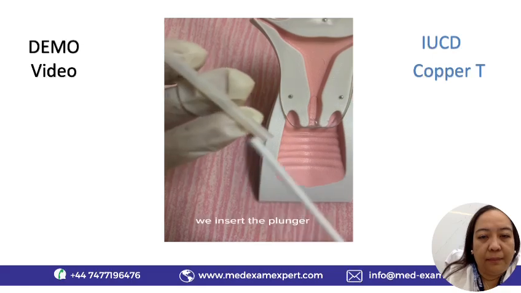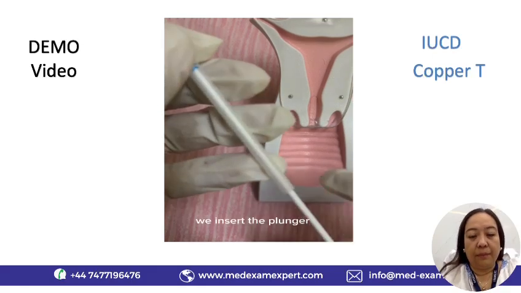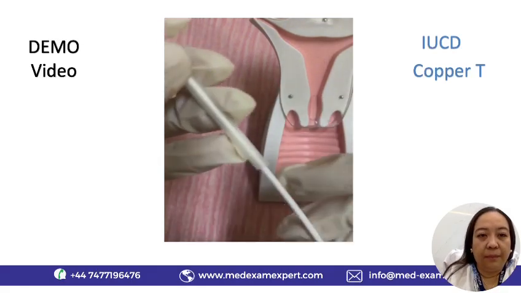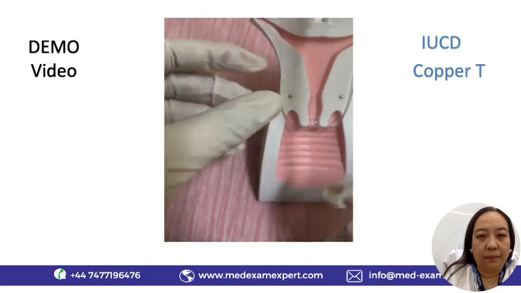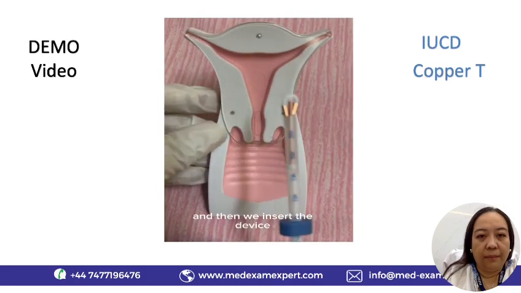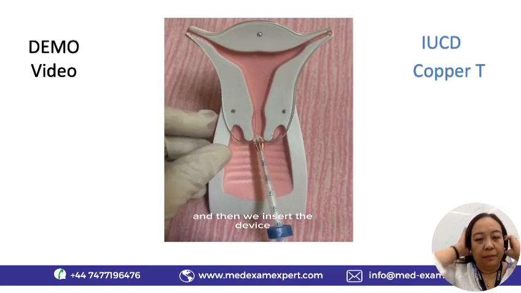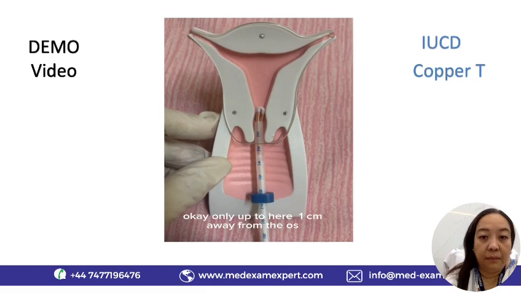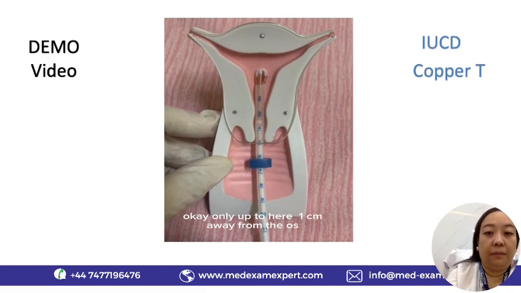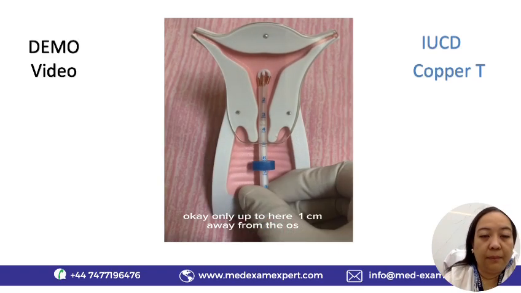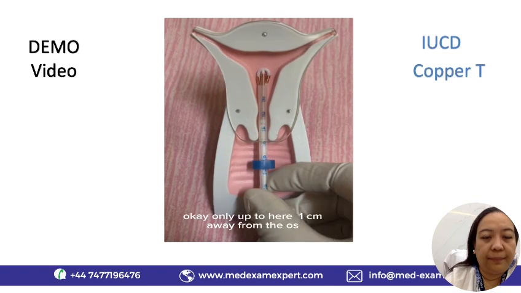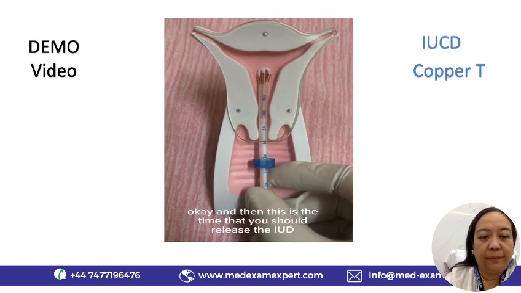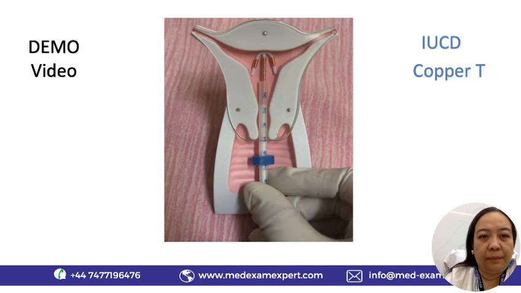We insert the plunger, and then we insert the device, only up to here, 1 centimeter away from the os. And then this is the time that you should release the IUD.